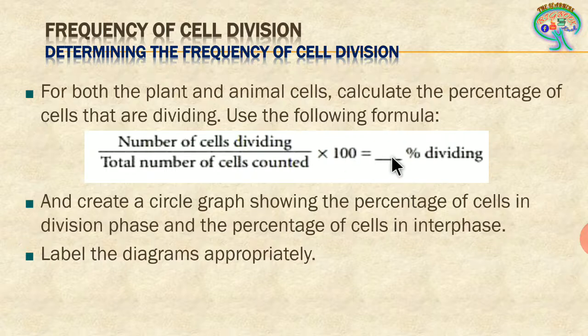Whatever we get is the percentage of dividing cells. That is the frequency of cell division.